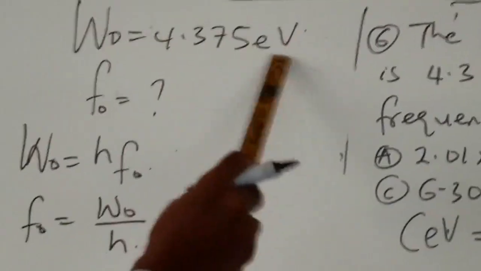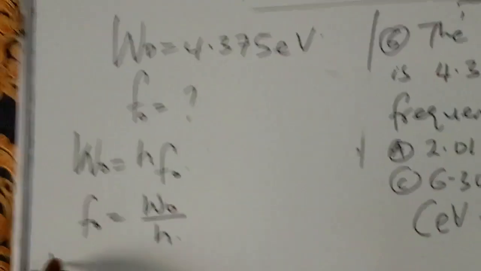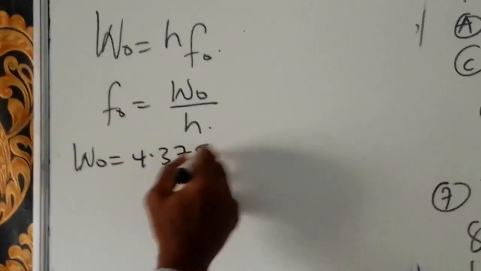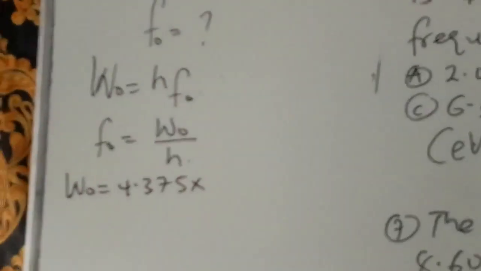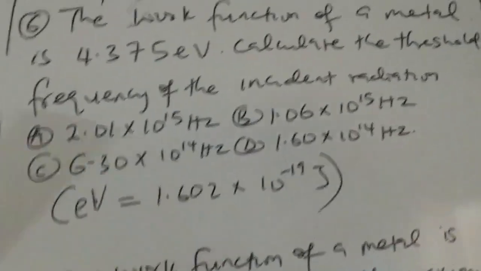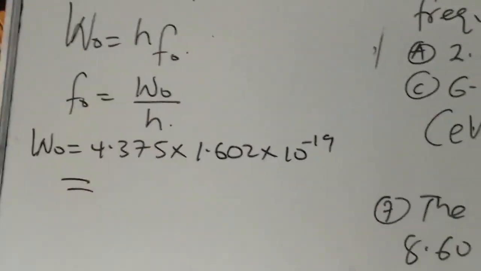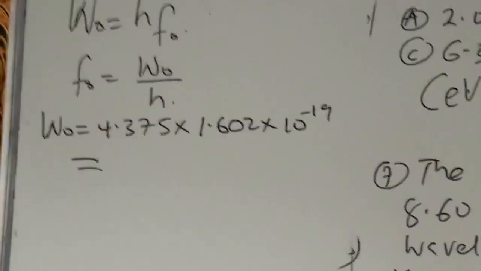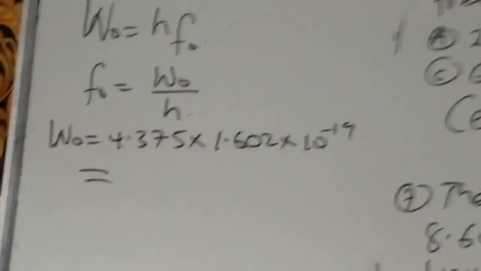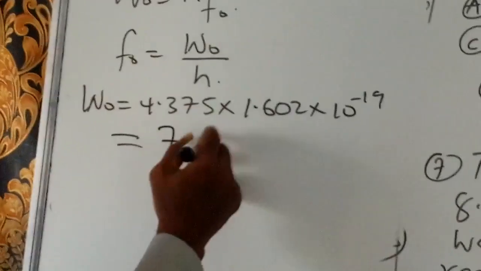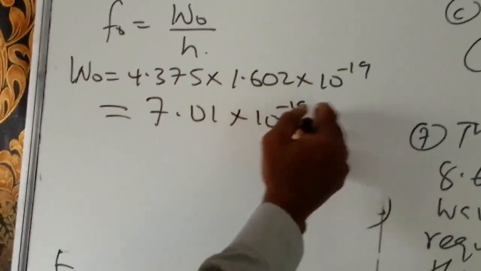This is not in the standard unit. So our work function now becomes 4.375 times, to convert to joules, multiplied by the conversion factor 1.602 power minus 19. Multiplying that will give us 7.01 times power minus 19 joules.